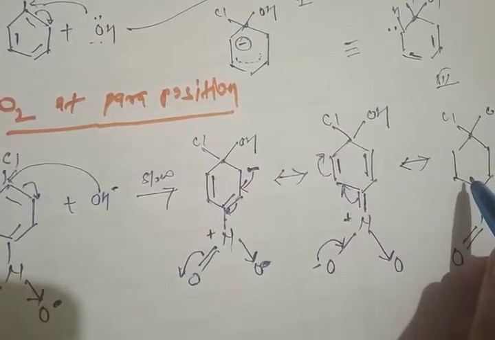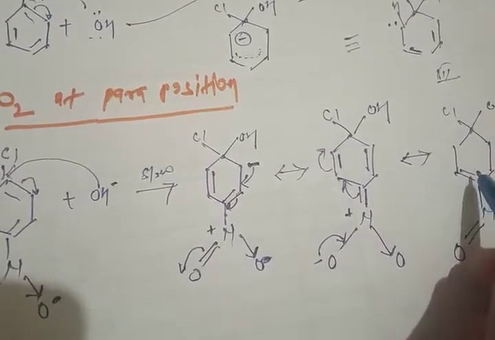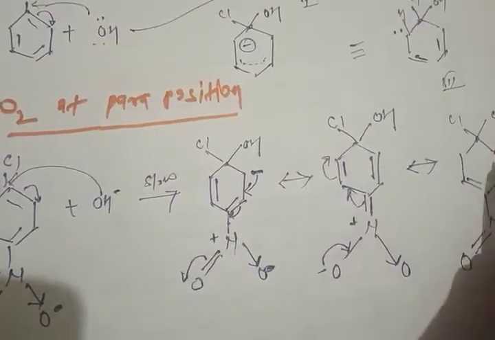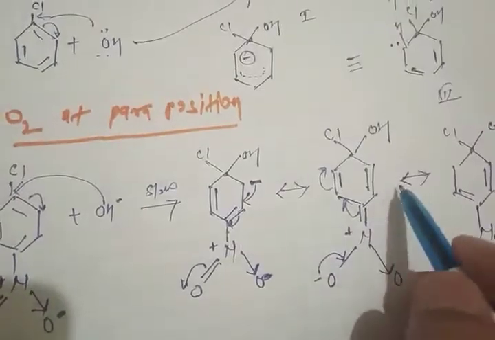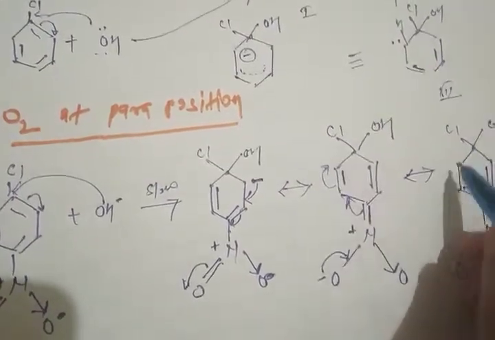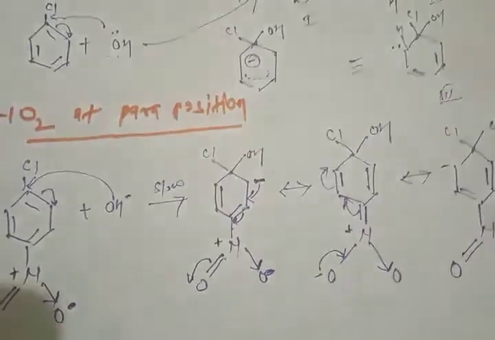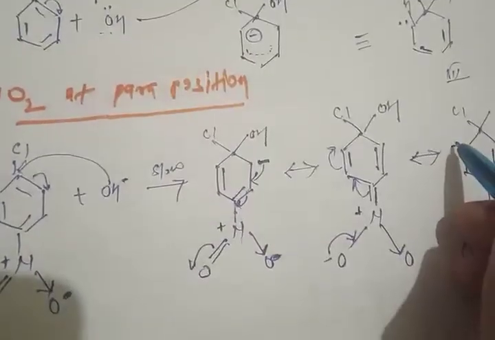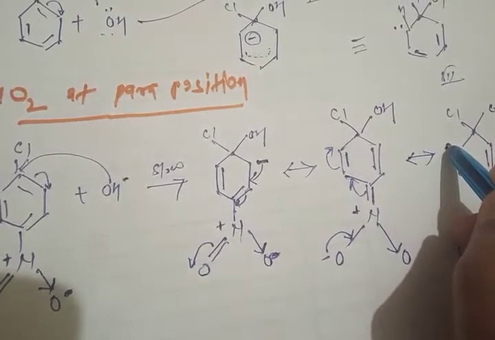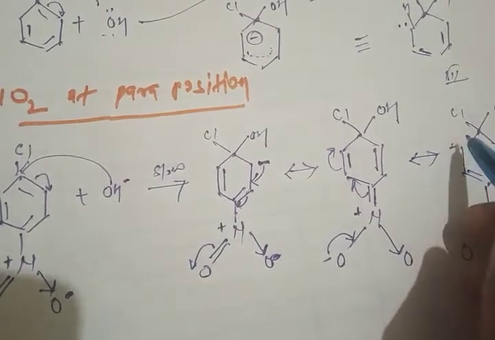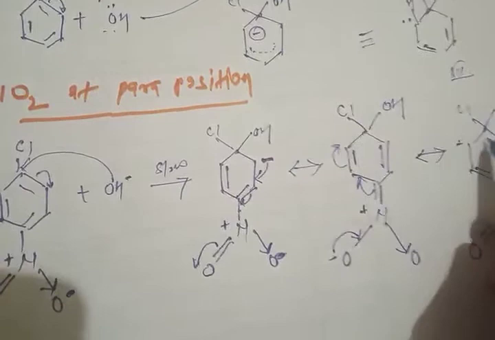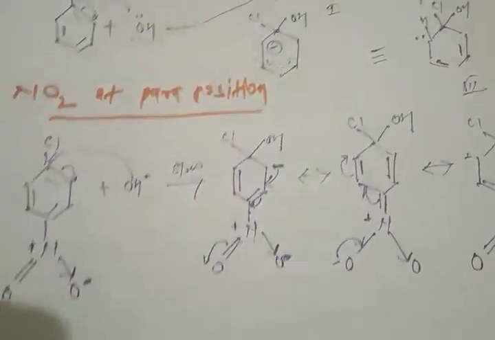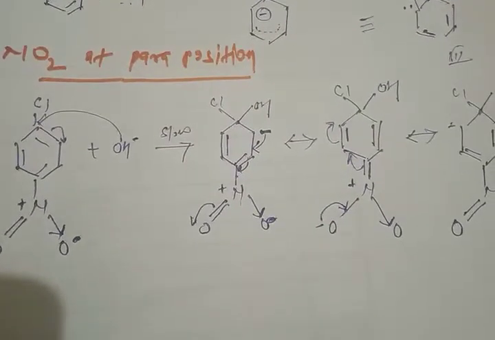Here we have a pi bond, and here we have a pi bond, and this pi bond will be converted, so here we have a negative charge. In the next stage this will go to this side, and this is the process which will continue.